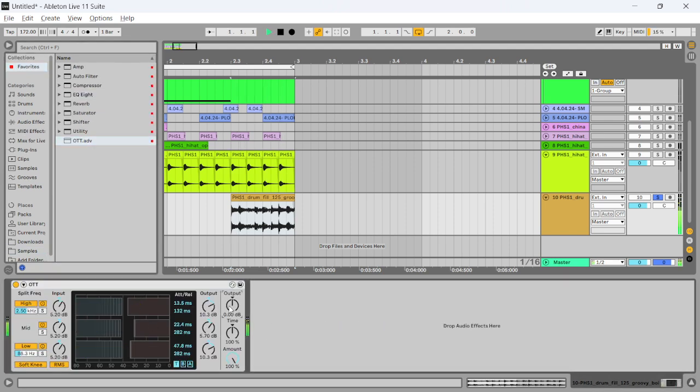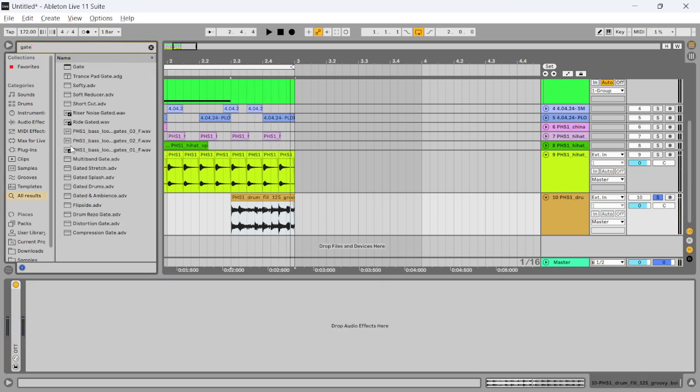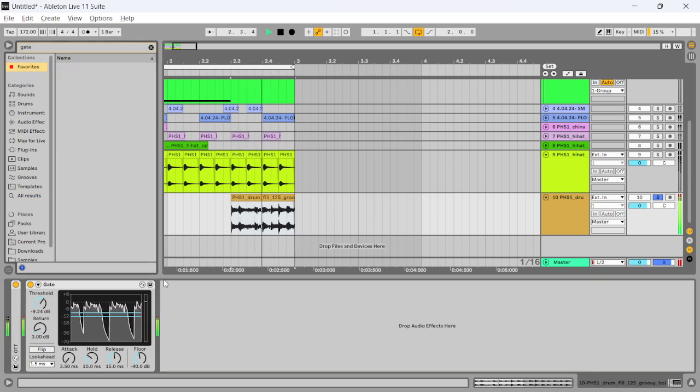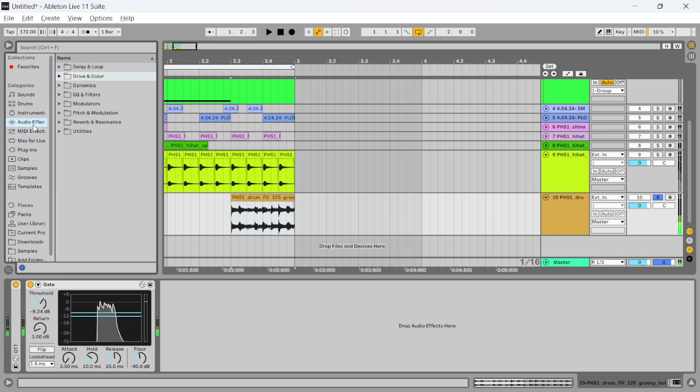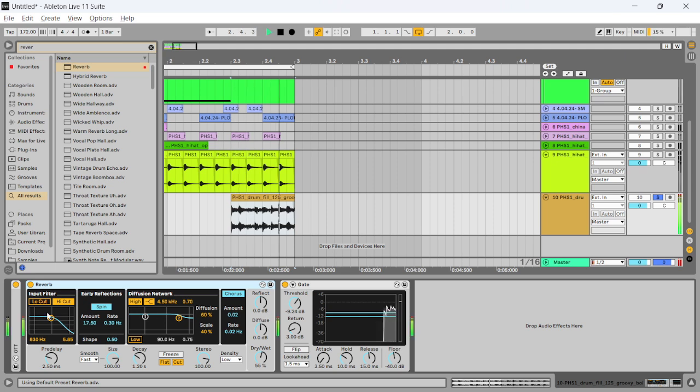Use OTT. Use a gate. Jeez. Use a gate to use a reverb. This.